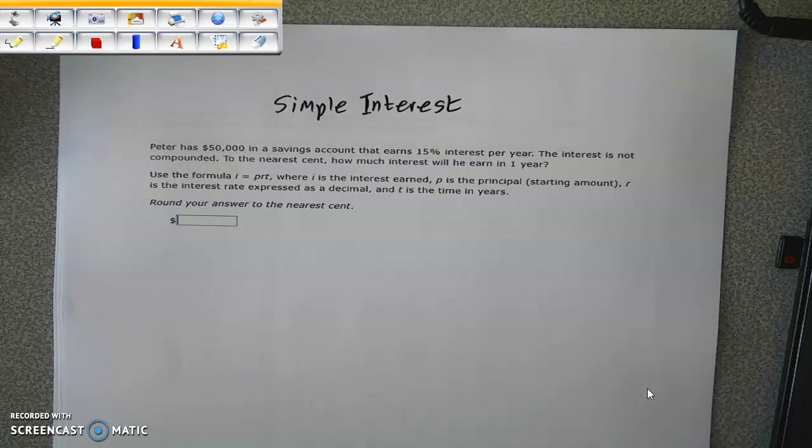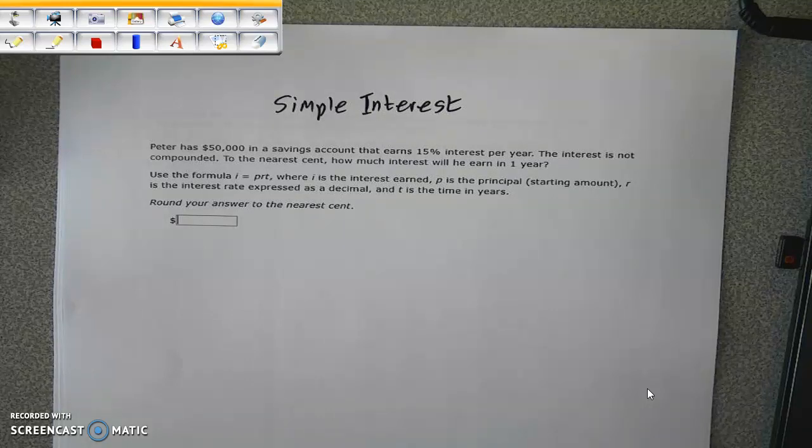When they say the interest is not compounded, what they mean here is that the bank each year uses 50,000 as the number that they calculate the 15% on. So the first year they're going to do 15% of 50,000, and then they'll get a new balance in the bank account.